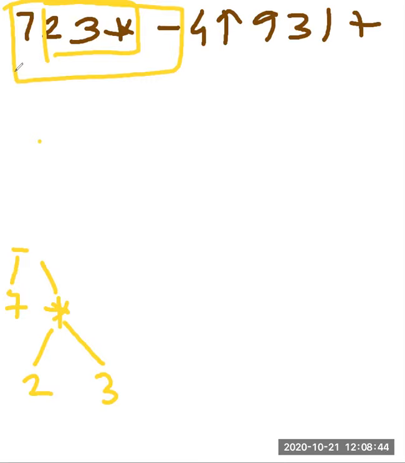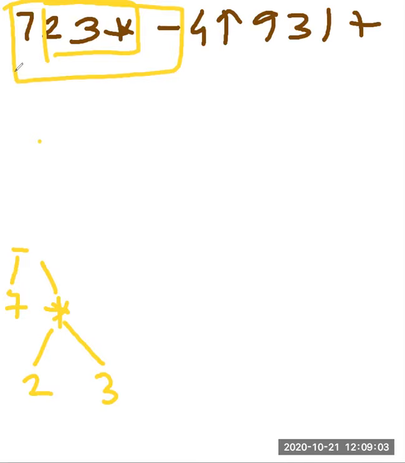Now if you look at the other part, I have written this tree: 7 minus 2 raised to 3. So 2 raised to 3 will be first evaluated as 6. 7 minus 6, it will be 1.